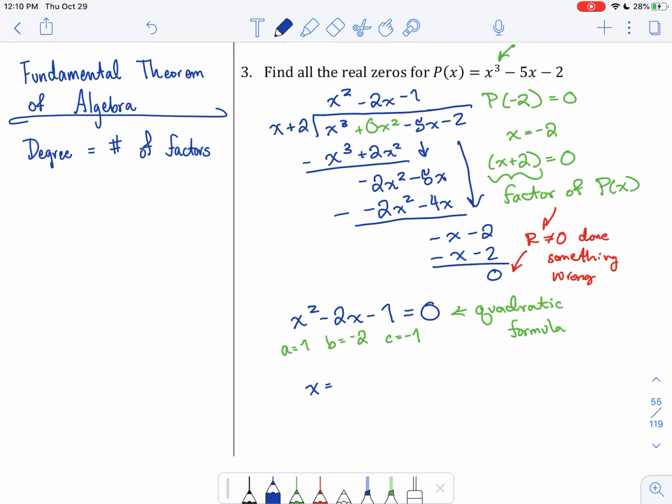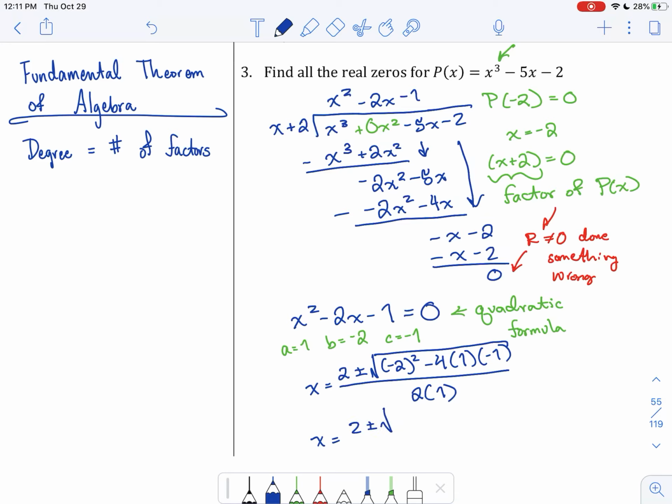So x is equal to negative 2, so positive 2, plus or minus the square root of negative 2 squared minus 4ac, all over 2a. We'll do some simplifying.